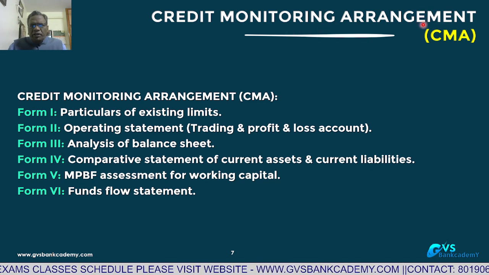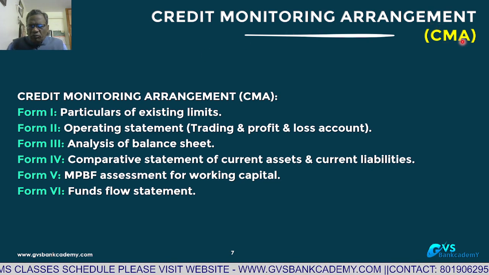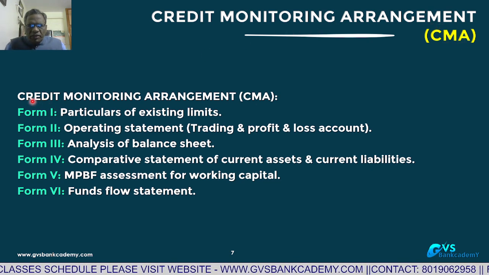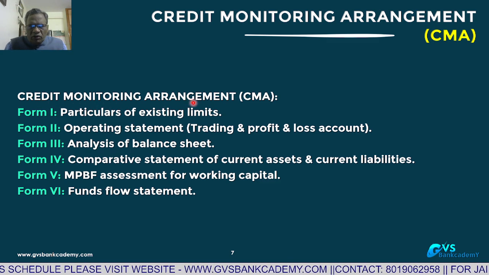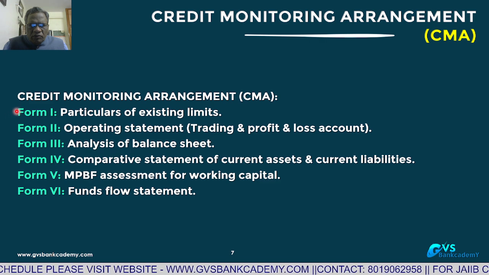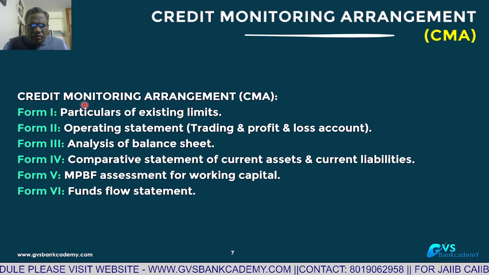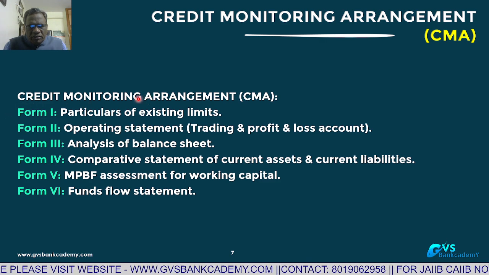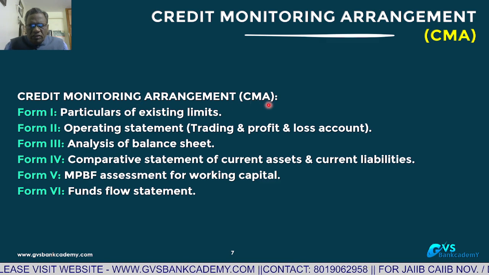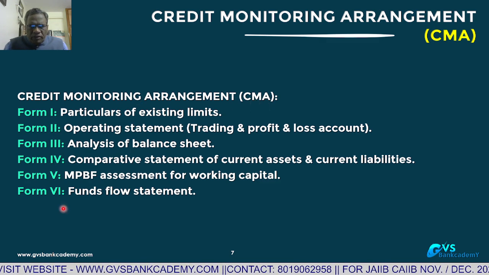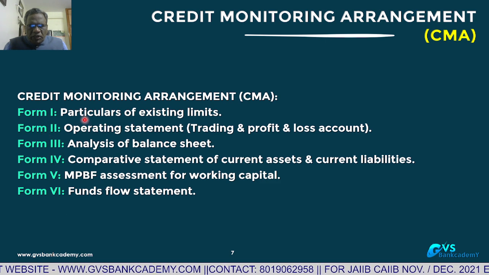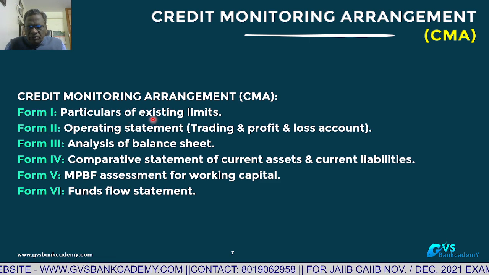Now, credit monitoring arrangement, CMA. At the time of processing of loans in the bank, you have to use these forms. Those forms are called credit monitoring arrangement. This is applicable to all banks. CMA form or format 1, format 2, etc. Form 1, particulars of existing limits.